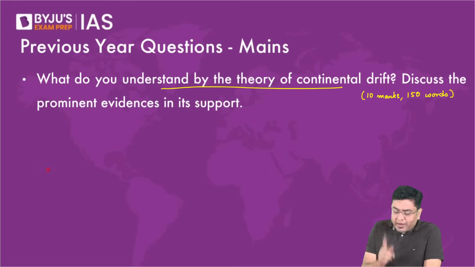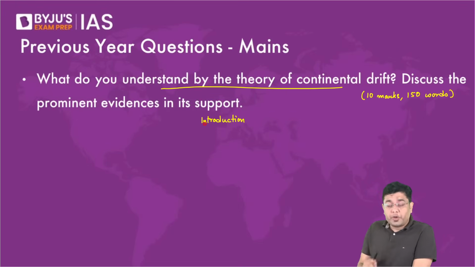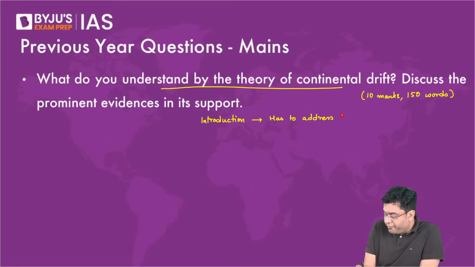So, whenever you are writing the introduction for any answer, it always has to begin from the flow of the question and has to address the first part of the question.